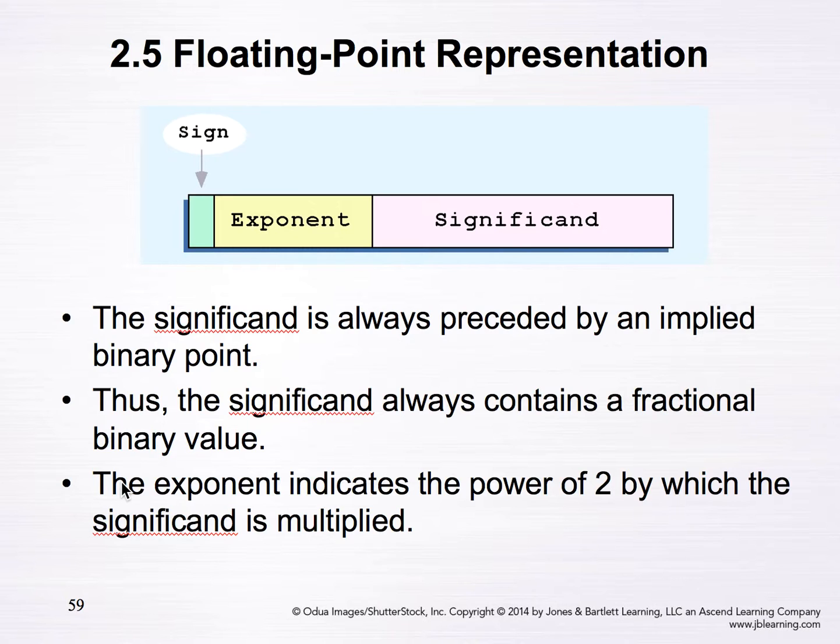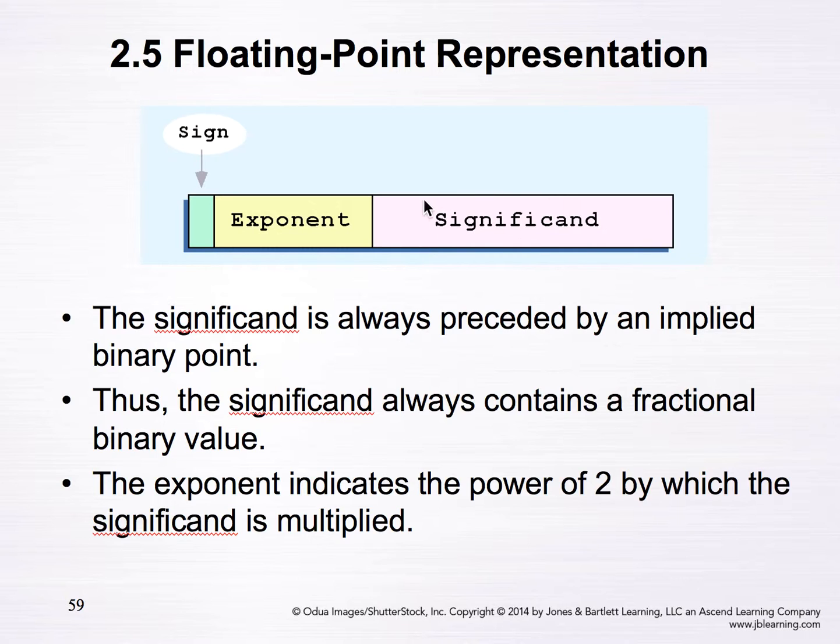We also notice that the significand is always preceded by an implied binary point. The vertical line right here is just an imagined binary point, so the significand always contains a fractional binary value.